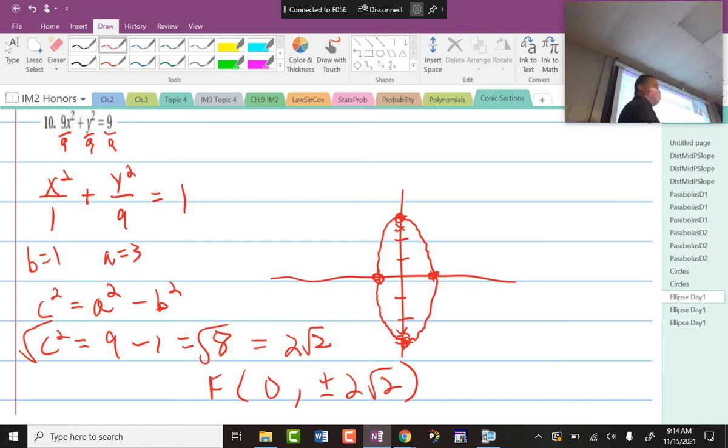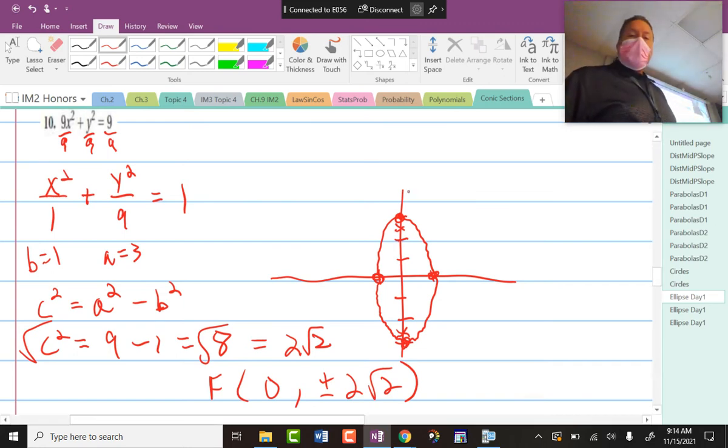And again, if you went right and left, your foci would be outside of the ellipse if you went the minor axis route for the foci. That's why that doesn't happen. It doesn't make sense, so just be aware of that as well. Here's the vertices. Here's the co-vertices. You can count. I shouldn't have to tell you what those coordinates are.